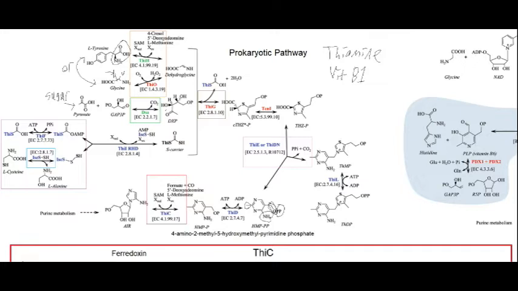There's this sort of handing off of these intermediates throughout these. So these enzymes all sort of come together into these complexes while handing off these different intermediates to each other, and sometimes even combining the intermediates in the enzyme complex.